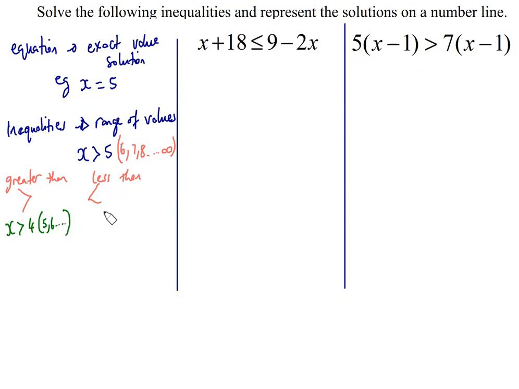But what about if we say x less than 7? So this means it's actually 6, 5, 4, and goes on like that until negative infinity.